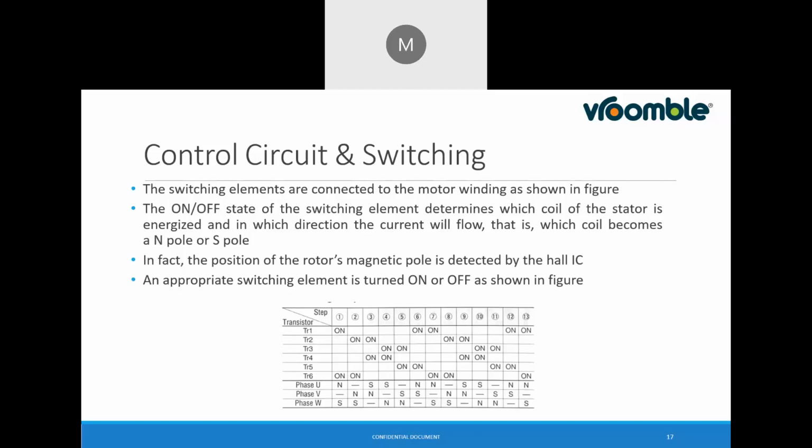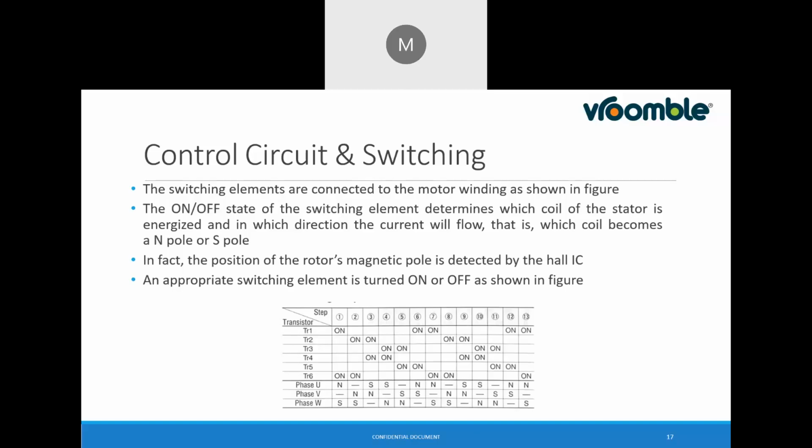But if you can see there, the north and south poles are changing. This is just in transit, right? So phase V becomes a north pole, but the W phase is a south pole, right? As soon as the phase changes, the north pole remains at the V phase, and the south pole changes to the U phase, right?